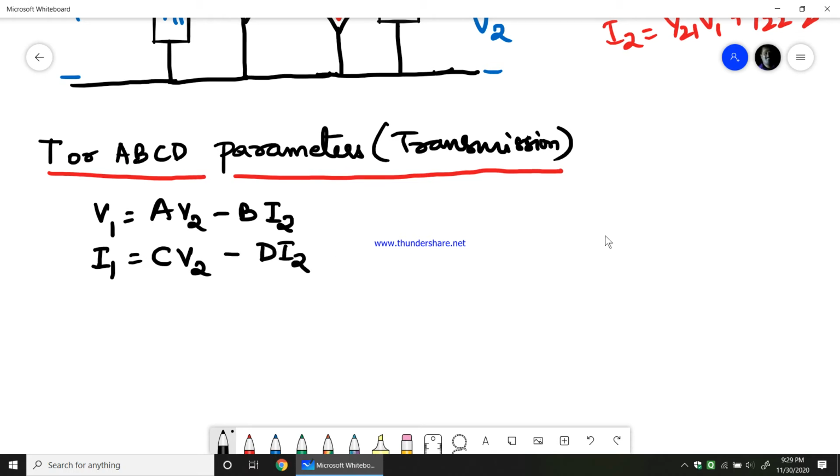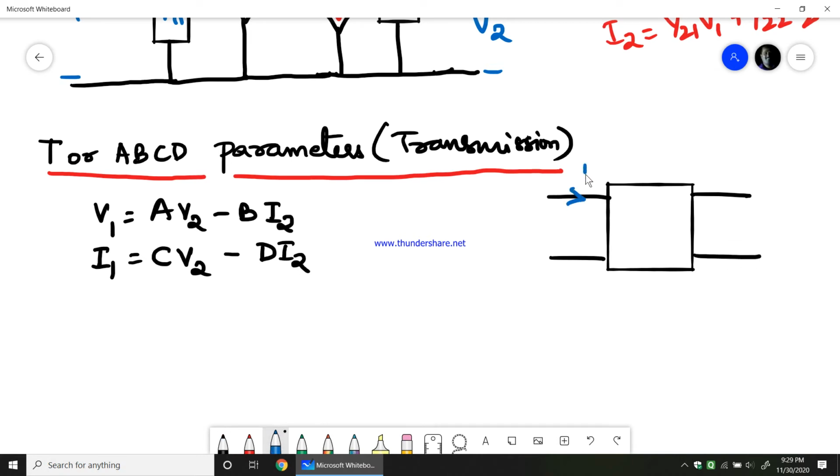This is the only parameter where you have two ports, with I1 and plus-minus V1, where we assume current I2 is flowing away from the circuit, because it is transmission. Transmission means you are transmitting from one circuit to another circuit.